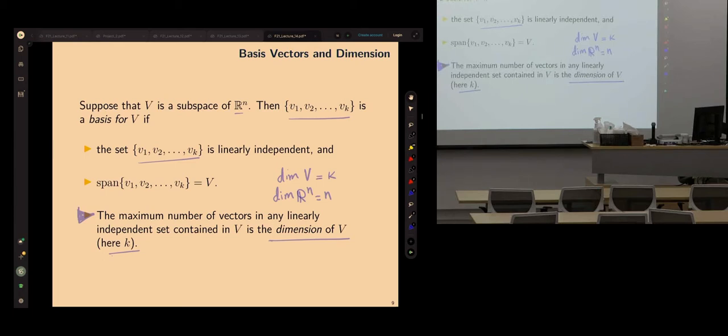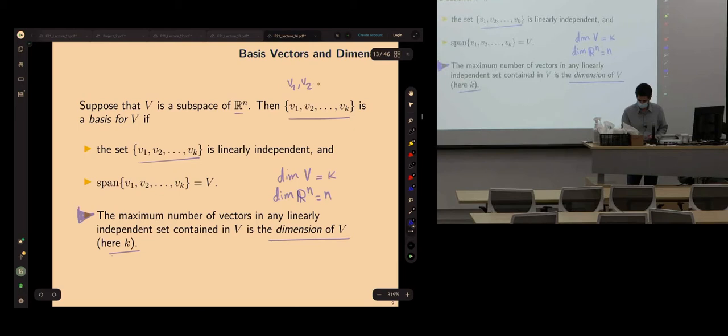The question is, that's what makes it perhaps tricky, because Rn is an n-dimensional vector space. Every vector in Rn is an n vector, right? Now, every vector here, v1, v2, everything is an n vector. But I have k of them.